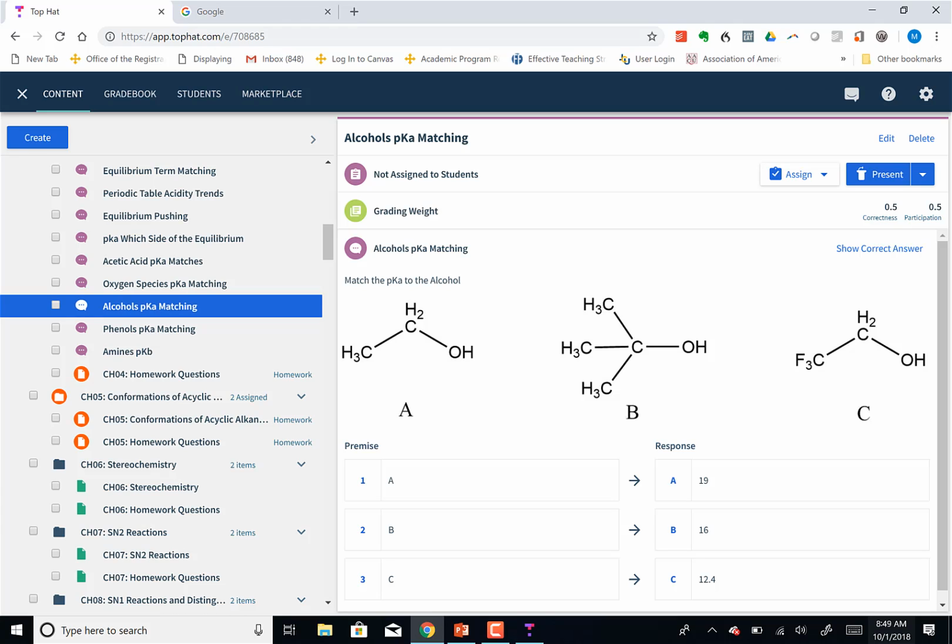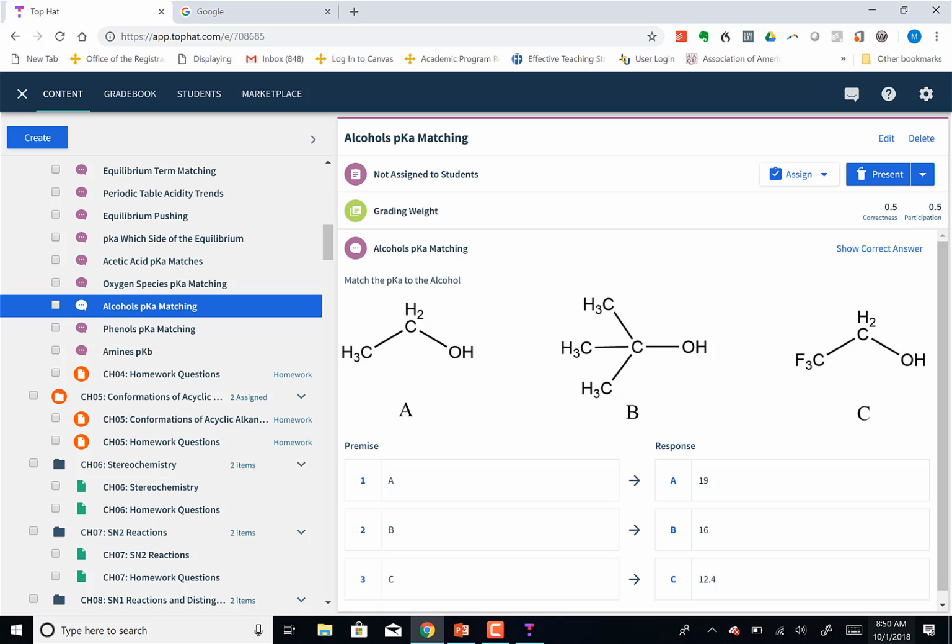But now I'm looking at acid strength. So what did we say? When you put an alkyl group onto an alkoxide, what happens to the alkoxide? Does the alkyl group stabilize or destabilize the alkoxide? Destabilizes it.